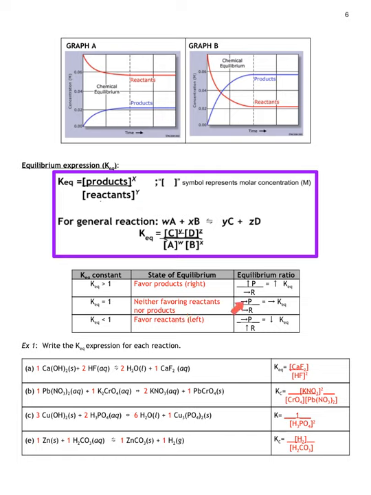So both reactants and products, same number, and so it ends up being 1 in the end. Now, if the equilibrium constant is less than 1, that means that the reactants are favored. So it's favoring the left side, and that means more reactants than products, which gives you a ratio that is less than 1, a lower number in the end.